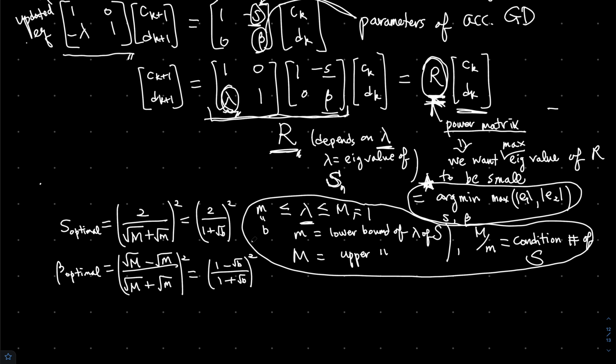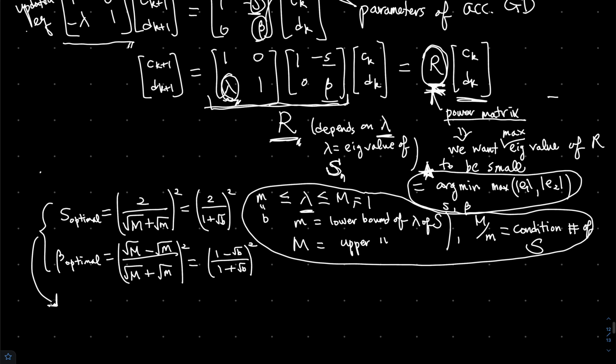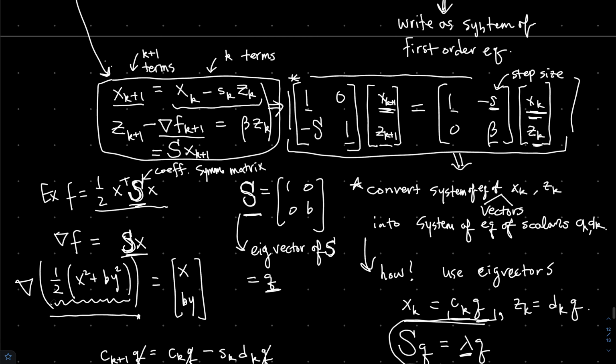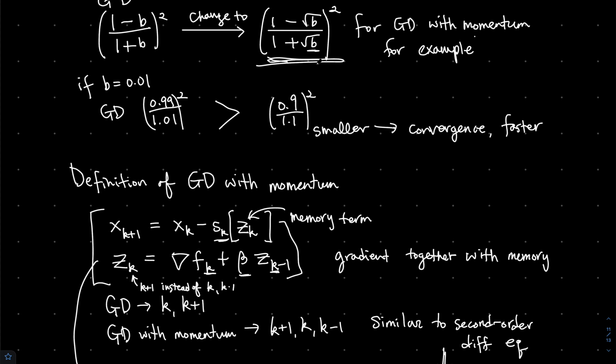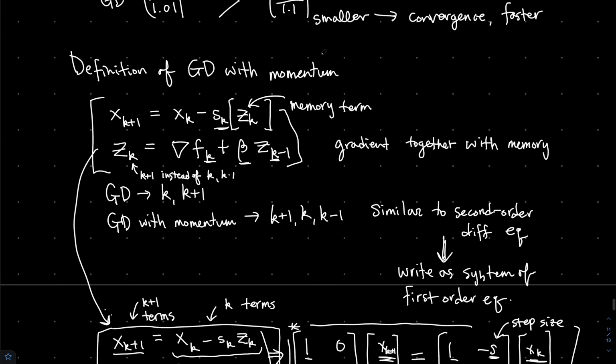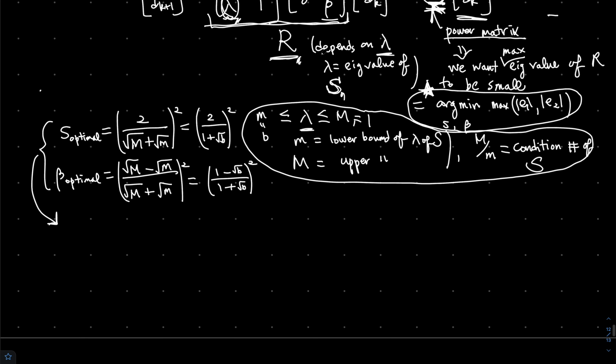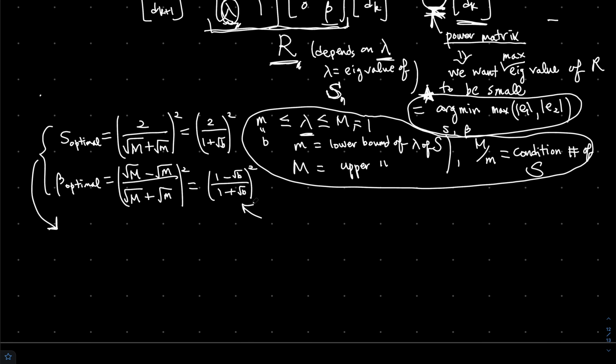So we can see that these S optimal and beta optimal are the solution for the optimal values of S and beta, and for this value, we can determine the rate of change as mentioned to be this. So 1 minus root b over 1 plus root b, which is actually seen for this beta.